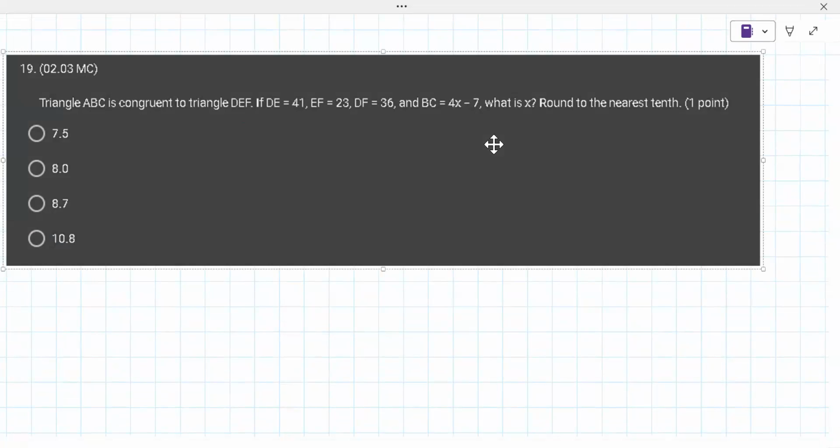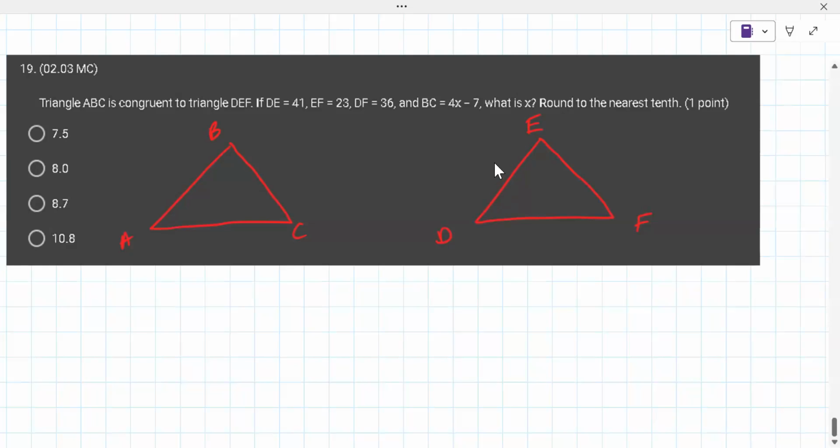So again, triangle ABC is congruent to DEF. BE is 41. EF is 23. BF is 36. And BC is 4x minus 7.